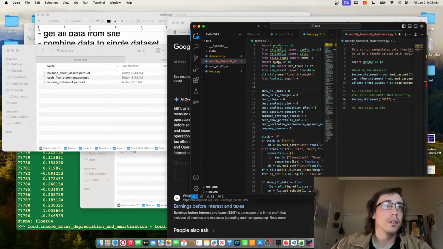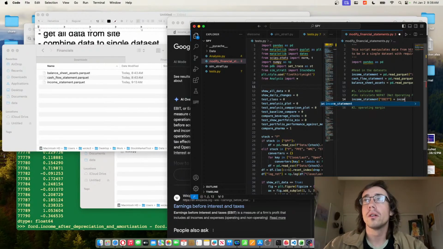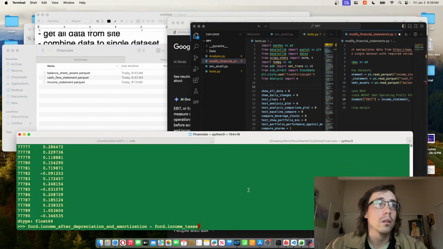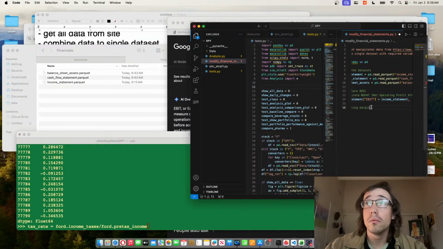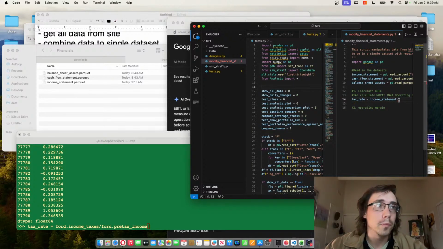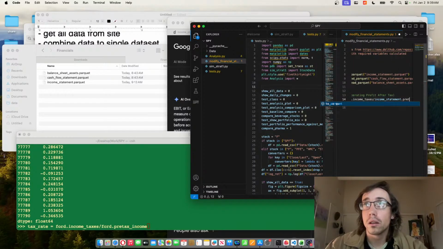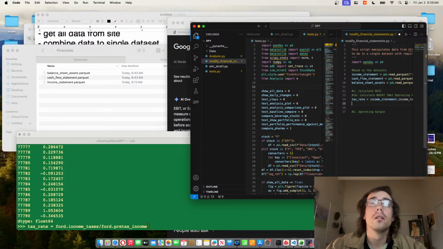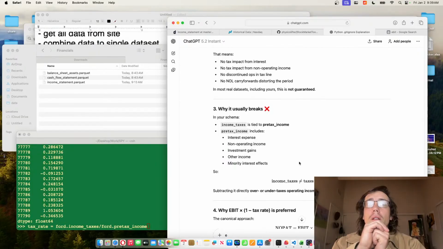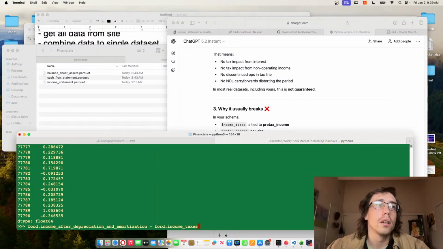Okay, so income statement of EBIT is equal to earnings before interest and taxes.